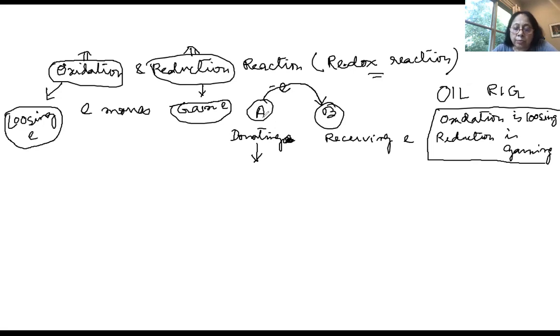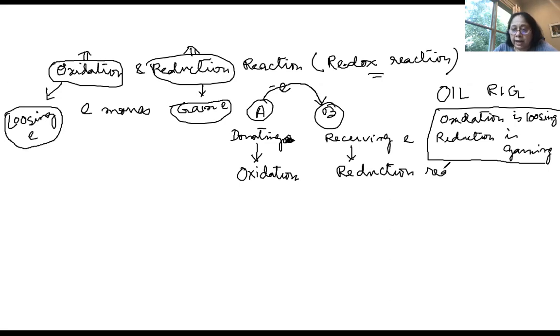So atom A is losing one electron. So that means this reaction is called oxidation reaction. Now reduction is gaining. So when atom B is accepting or gaining this electron, that means this reaction is reduction reaction.